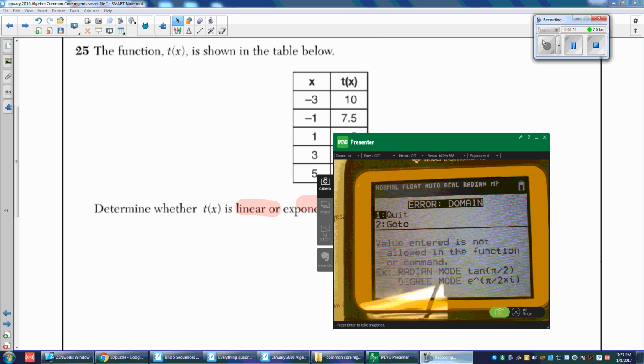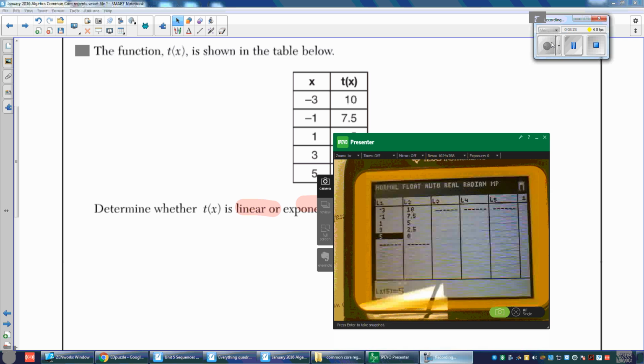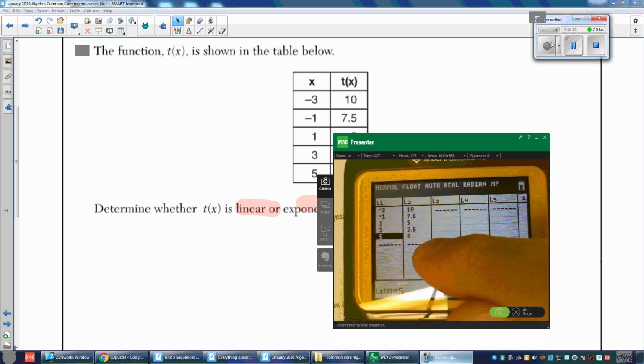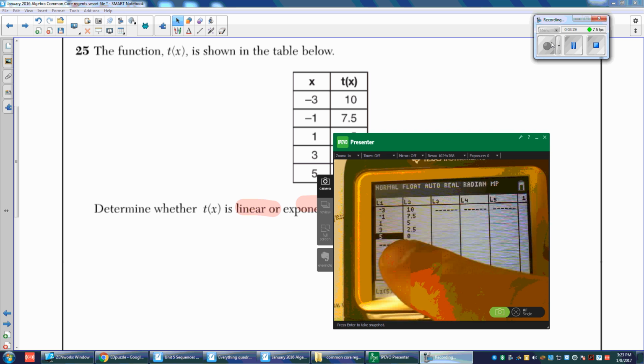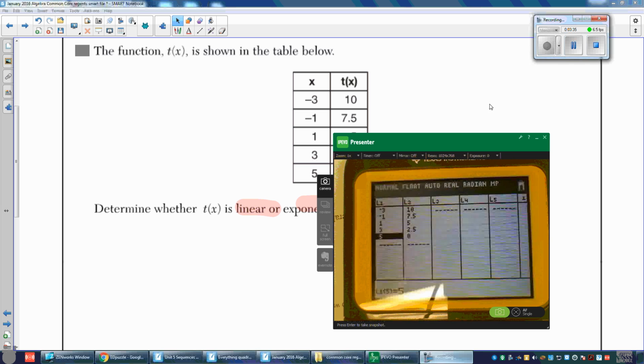Remember, x is domain, y is range. Even though it said a domain error, it's really a range error, because it doesn't have any such thing as a domain error. So we have a problem with the exponential equation. It won't even calculate an equation for us.